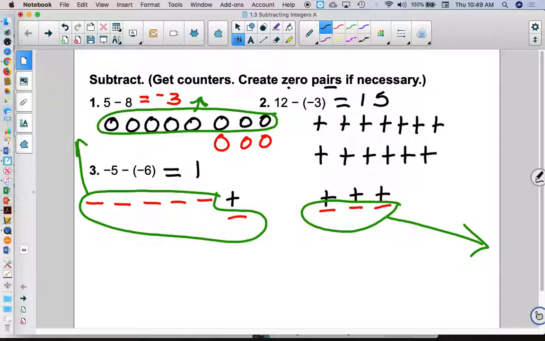That's my positive and negative equals 0, right? They're opposites. This is like saying -5 plus 0. Then it says take away 6 of them that are negatives. I take them away, what's left behind?